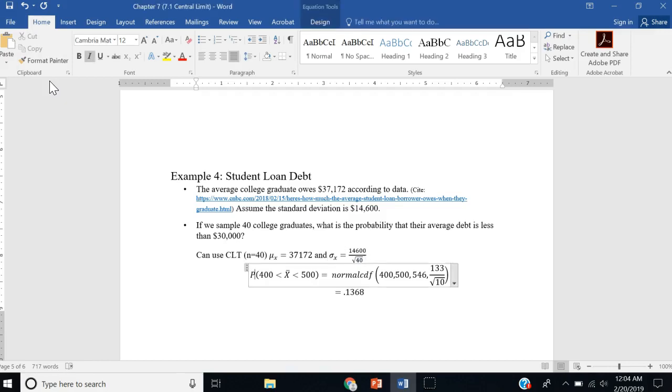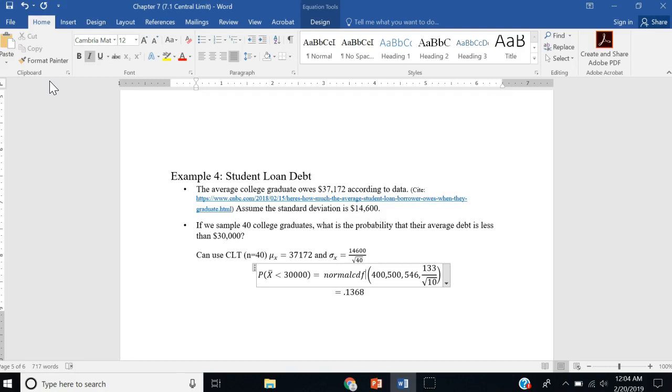Now, be careful here. We're saying, what is the probability that a randomly selected sample of college graduates has an average of less than $30,000 in debt? So again, we can use a normal CDF because we're using the central limit theorem.